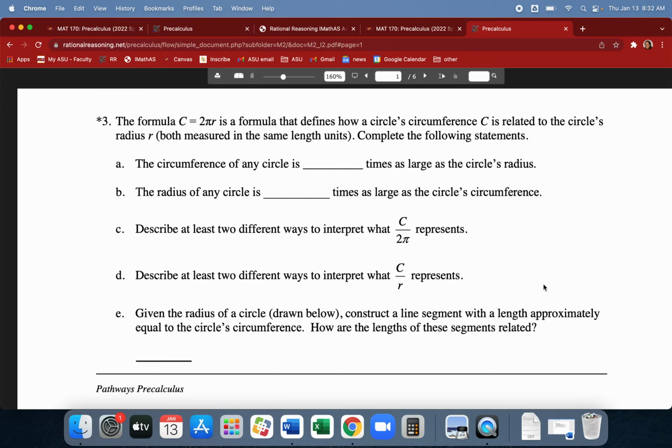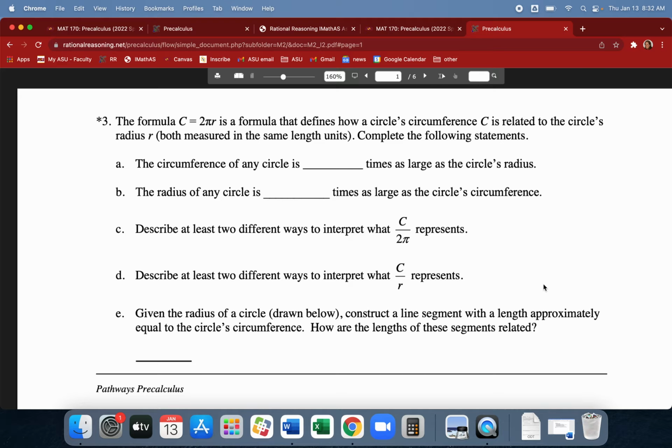But take a look at part C, describe at least 2 different ways to interpret what C, circumference, over 2 pi represents. Well, what's one thing I could say about C over 2 pi? Anyone? It equals the radius. Yeah, C over 2 pi equals radius.